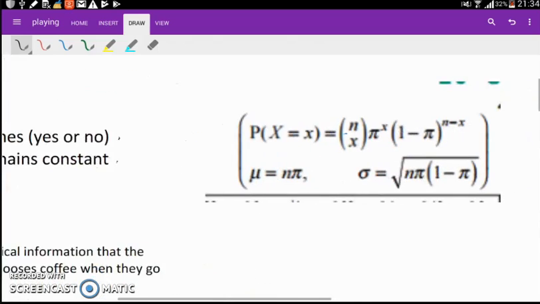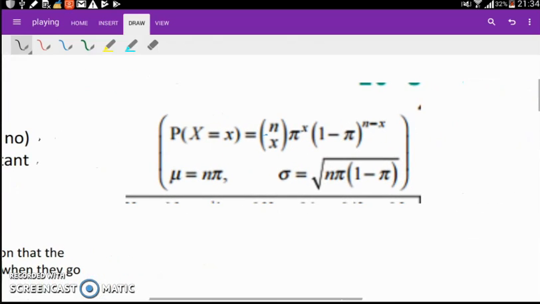We have a formula sheet. Here's a piece of it that will be given in the exam. And it's got the formula here for finding the probability of successes of a set number of trials, probability of binomial distribution. And we've got the mean number, which comes up occasionally, is equal to n, the number of trials, times pi, which is the probability.